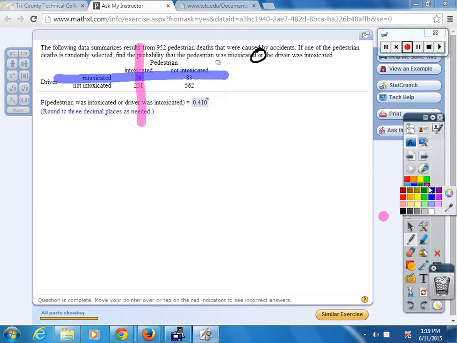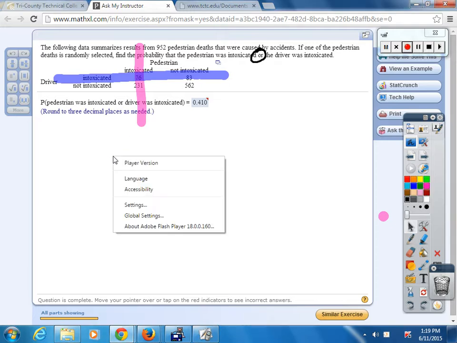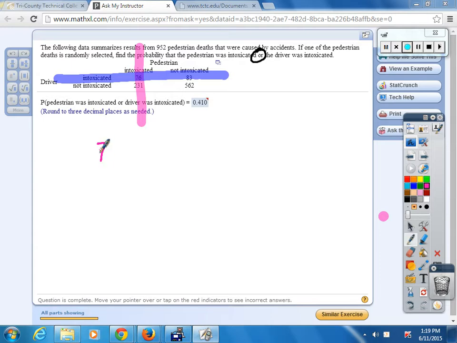And so 76 plus 83, and I'll change to blue, plus, sorry, let me change it.